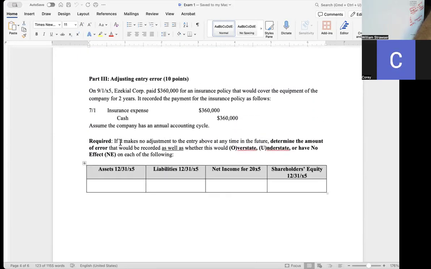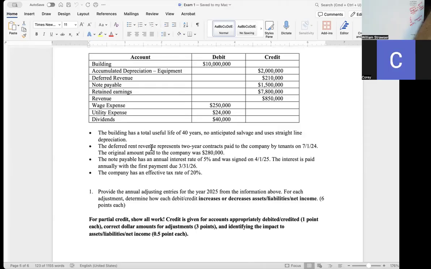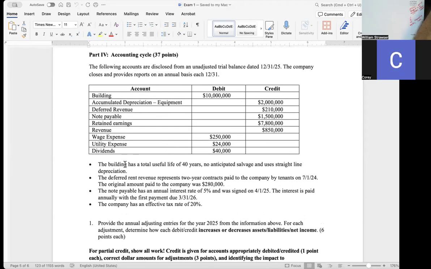Here, yeah, I could see me asking a single multiple choice question about errors that arise from failing to make an adjustment. Here, yeah, I might give you one of these adjustments to make, but I wouldn't have you do the whole thing. So, scaled down, pared back information.